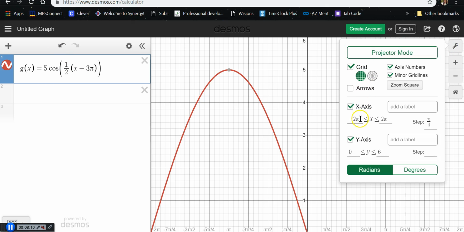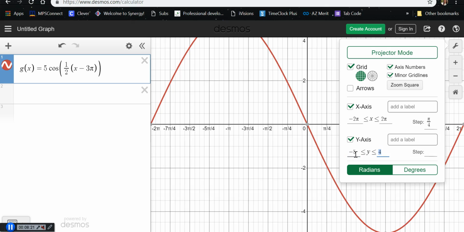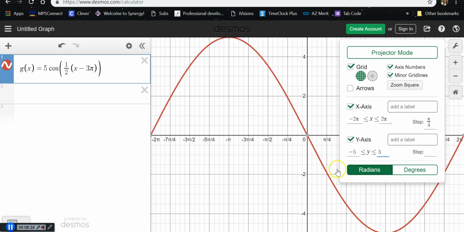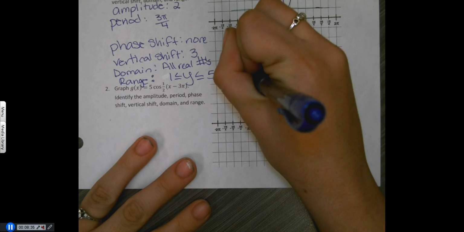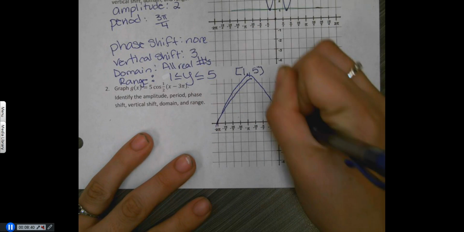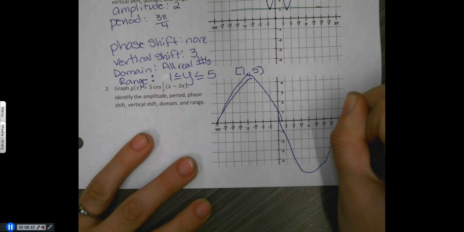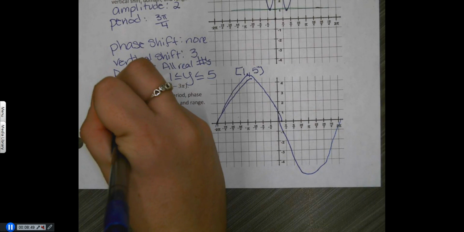So I'm going to go back and adjust my graph so it looks more like the paper one. Okay, so this is what this graph looks like. I'm going to graph this on my paper.